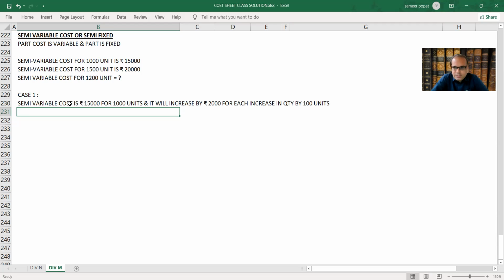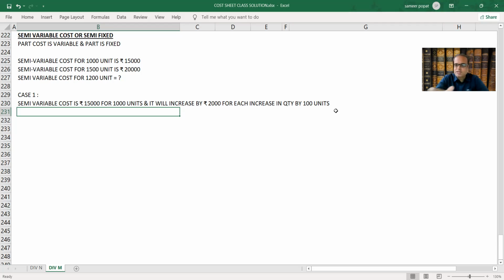Now this sum and the earlier sum are both different. So do not correlate and ask why it is not given for 1500. This is altogether a new sum. Treat it like that. For 1000 units you are given 15,000 rupees of semi-variable cost, and it says the cost will increase by 2,000 for each increase in quantity by 100 units.